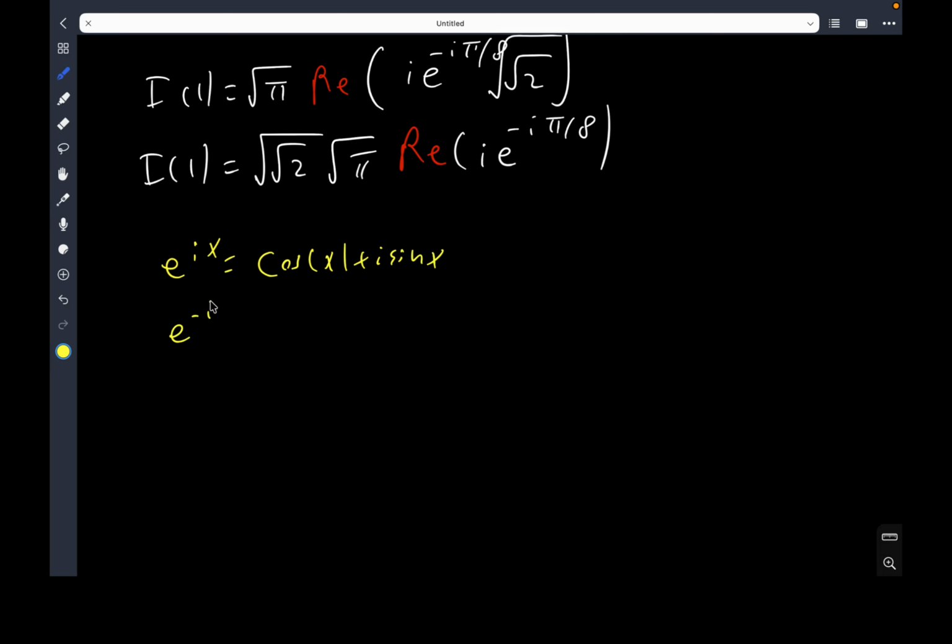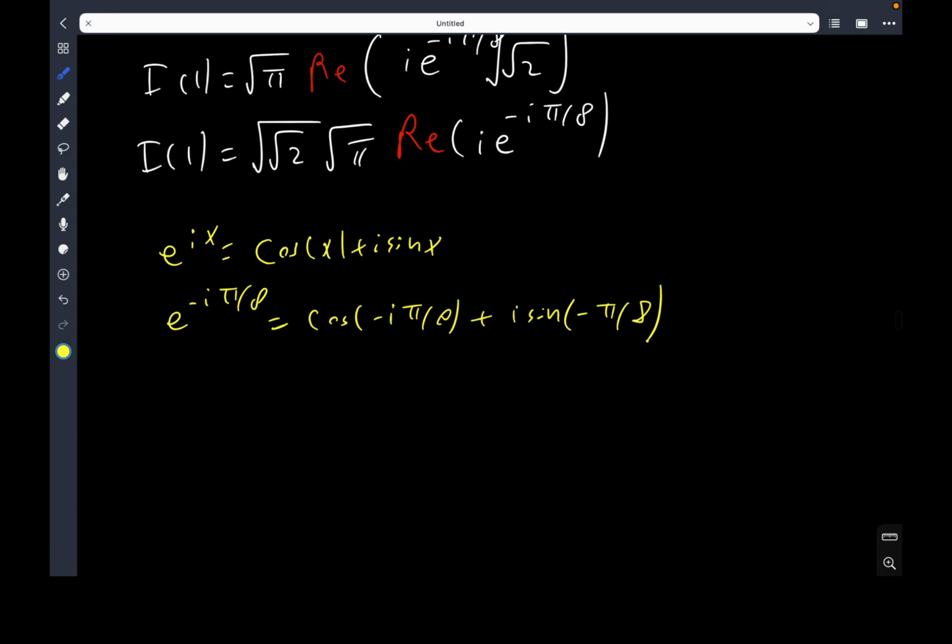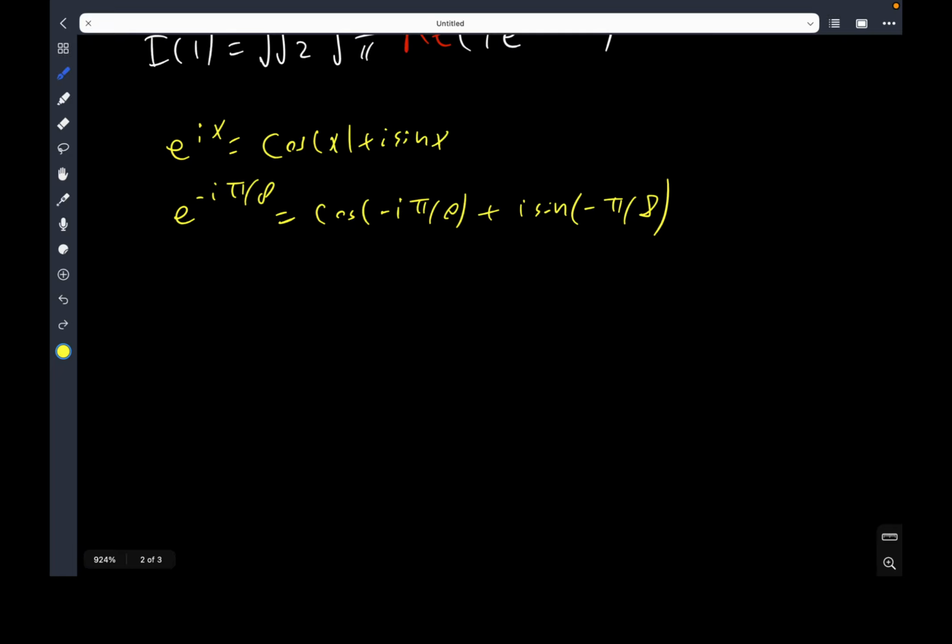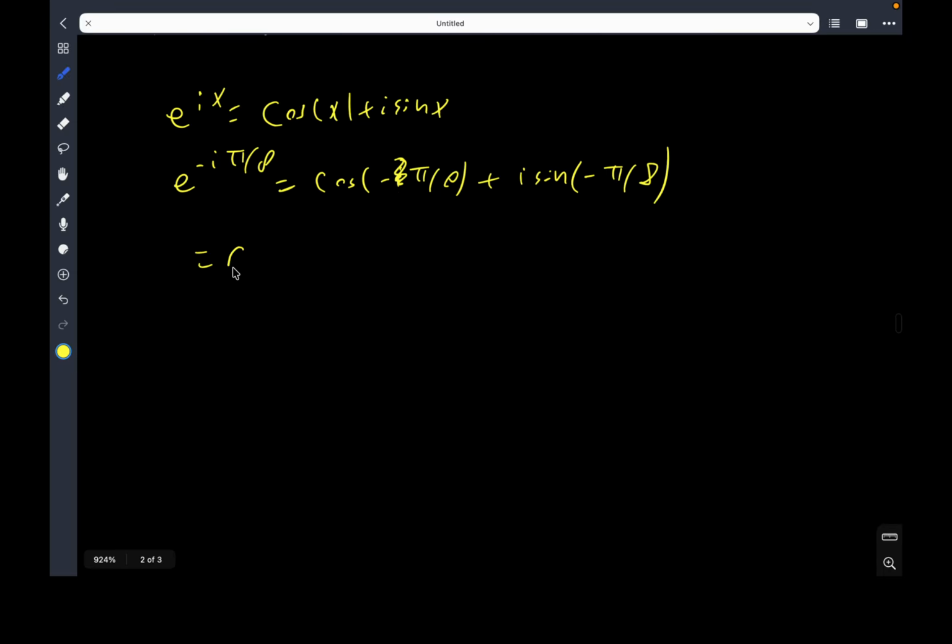And e to the negative i pi over 8 is cosine of pi over 8 minus i sine of pi over 8, the negative being absorbed.